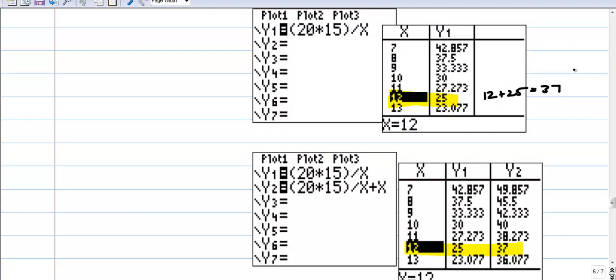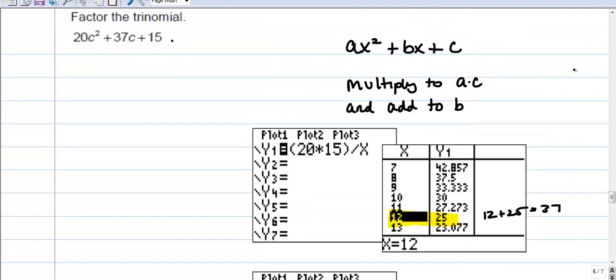Now, how am I going to use that to factor this up here? Well, you can just use trial and error. You know that you're dealing with a 12 and a 25, right? And so 12 is 3 times 4, and this is 5 times 5. Now, the reason why I broke 12 into 3 and 4 is because I was thinking, oh, this is 3 times 5, that's 15.